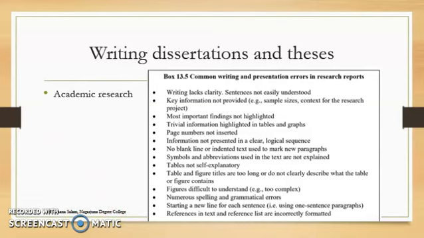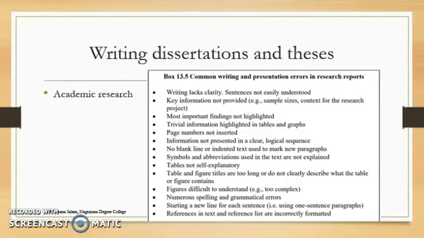Okay, so there are some common writing and presentation errors in the research report. You have to write with clarity, and you should not use difficult sentences. You should use sentences which are very easy.